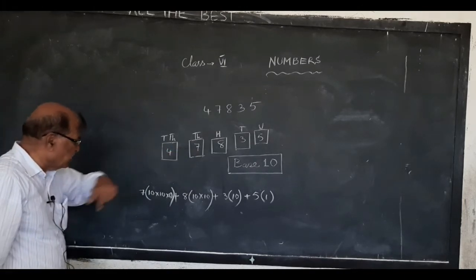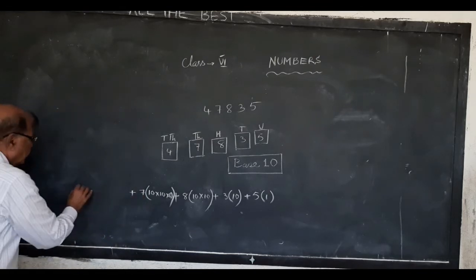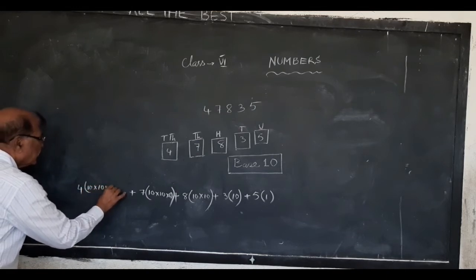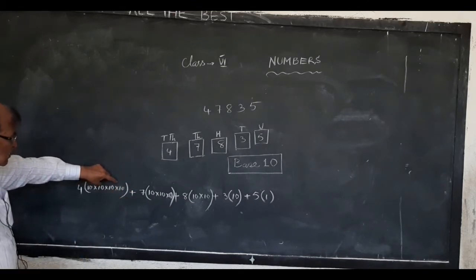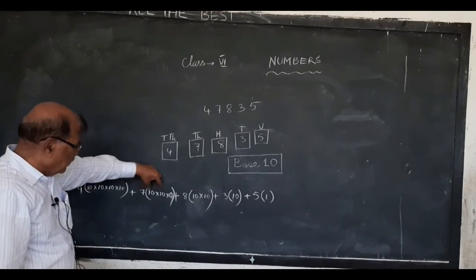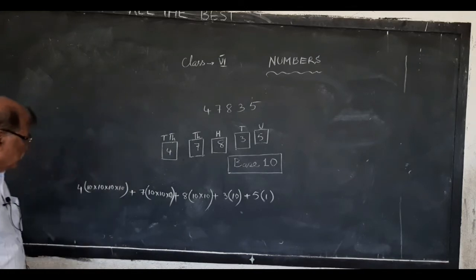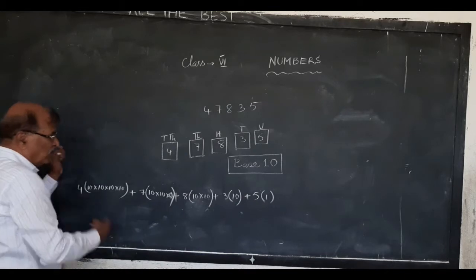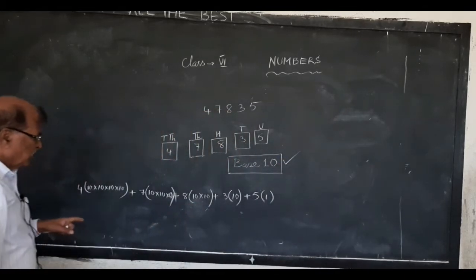Now it is 47. So here it is 4 into 10 into 10 into 10 into 10. So 40,000 plus 7,000 plus 800 plus 30 plus 5. So you will be finding all tens because we are learning base 10 system.